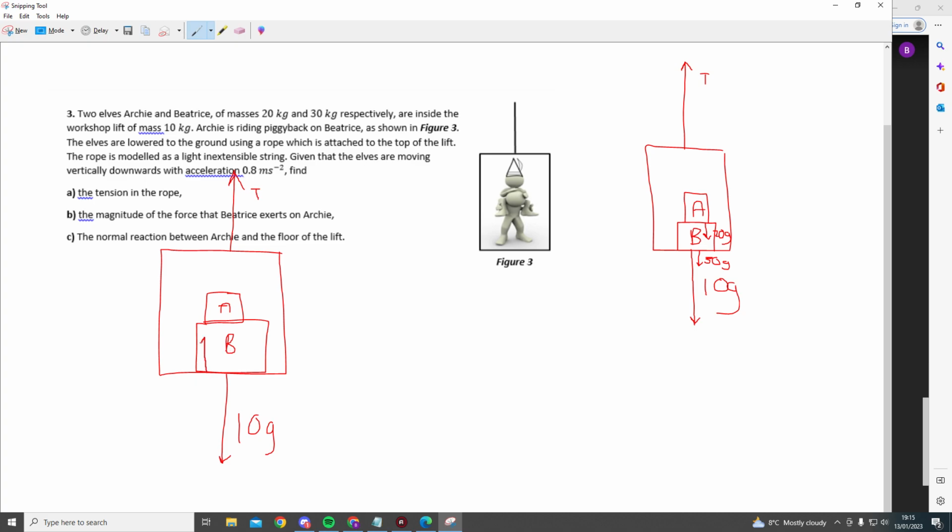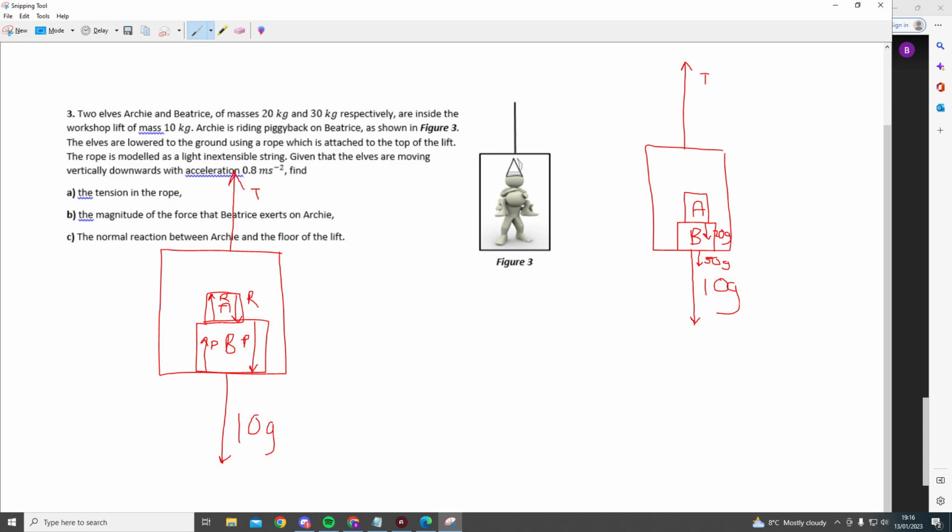So let's call this P. Now, by Newton's third law, B then exerts an equal and opposite force onto the lift, so we'll also call this P. Then B exerts a normal reaction force onto A, so we'll call this R. And A exerts an equal and opposite force onto B, which is also R.